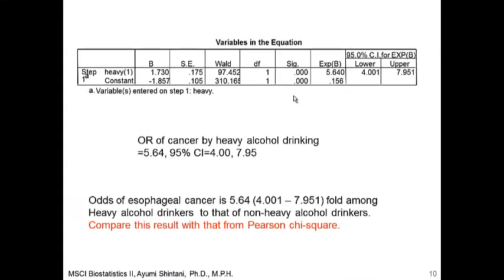The p-value is less than 0.001, and the confidence interval is 4.00 to 7.95. The first key point is the result of logistic regression: the beta coefficient, especially the exponentiated beta coefficient, provides the odds ratio. And using the odds ratio, we can analyze the effect of exposure on outcome.